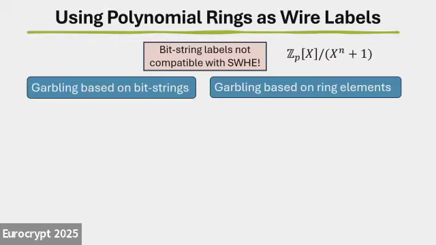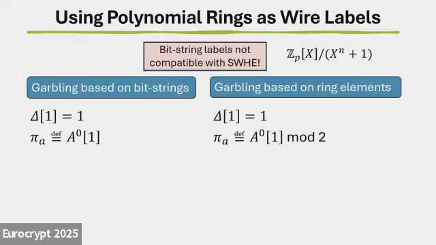In order to support homomorphic encryption, we have to use polynomial rings as wire labels instead of the traditional bit strings. Here are a few key differences. The notations are the same, but before, the first bit of the global key was set to 1, and now we set the first coefficient of the global key to 1. The permutation bit used to equal the first bit of the 0 label, and now it equals the first coefficient of the 0 label modulo 2.